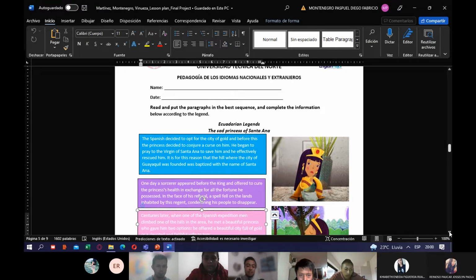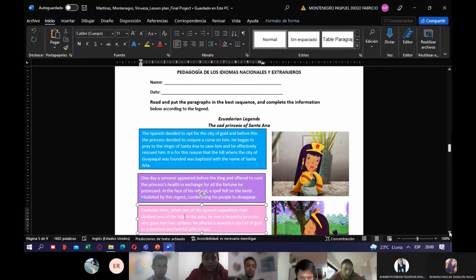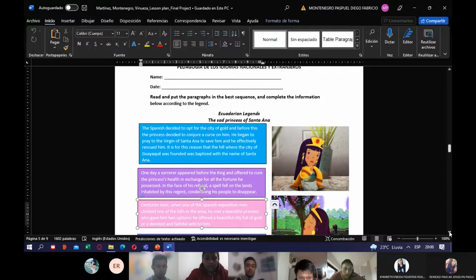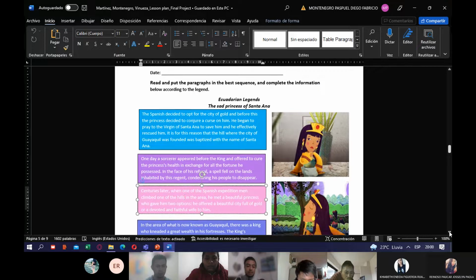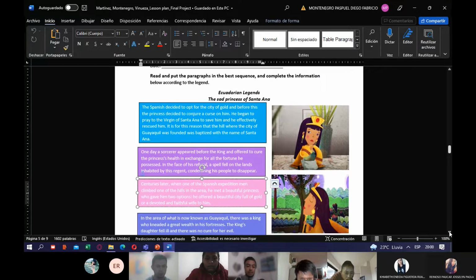One day, a sorcerer appeared before the king and offered to cure the princess' health in exchange for all the fortune he possessed. In the face of his refusal, a spell fell on the lands inhabited by the regent, condemning his people to disappear. Centuries later, when one of the Spanish expedition men climbed one of the hills in the area, he met a beautiful princess who gave him two options.